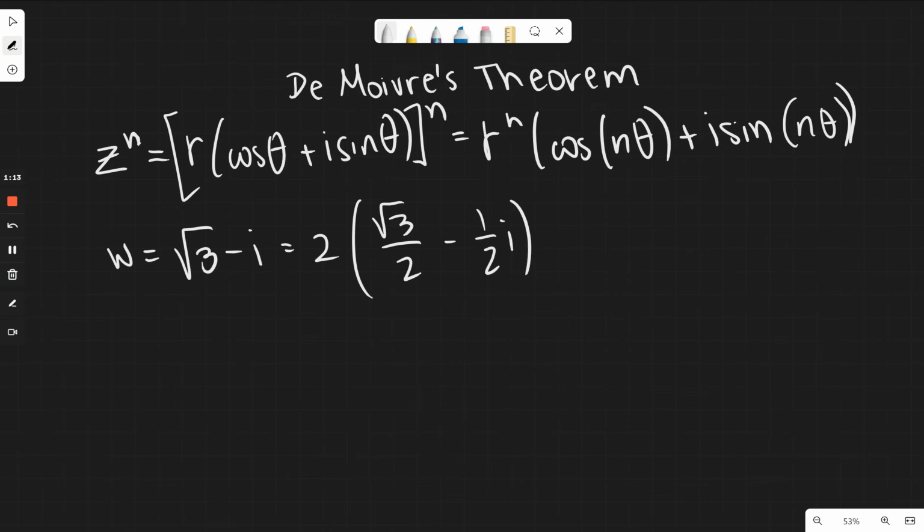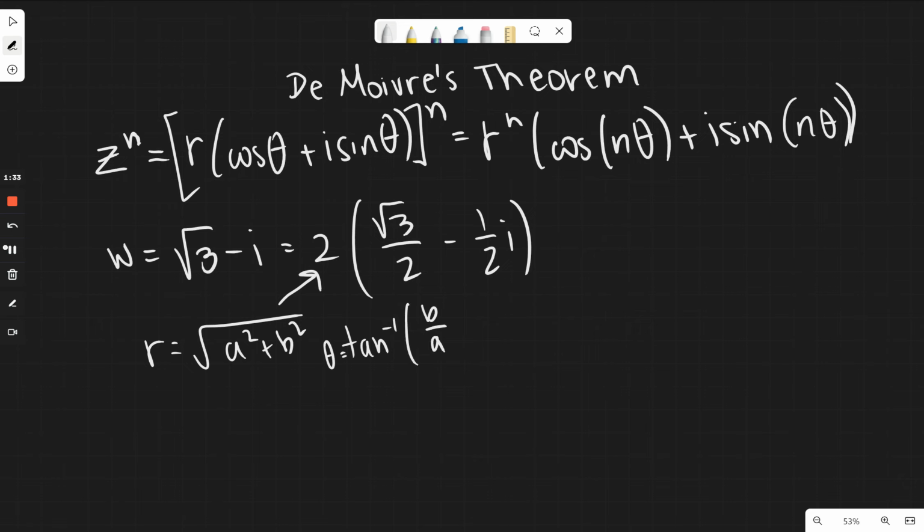And we could also use the formula r equals the square root of a squared plus b squared to find the radius, which is r, and then theta equals the inverse tangent of b over a, like I mentioned in the previous video, where our complex number is a plus bi.